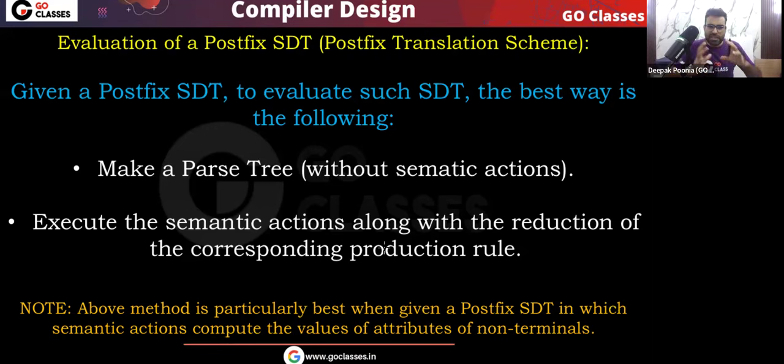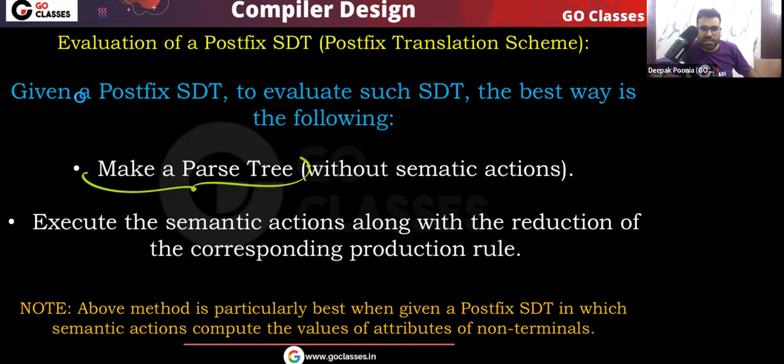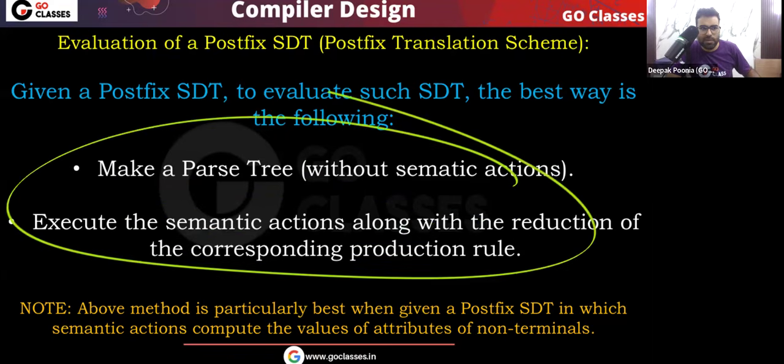If some postfix SDT is given to you in which the semantic actions are basically computing the attribute values, then for this type of postfix SDT we will apply this method only. To evaluate postfix SDT, this is the best method: make a parse tree without semantic actions, then execute the semantic actions along with the reduction of the corresponding production rule. This is a very simple method.